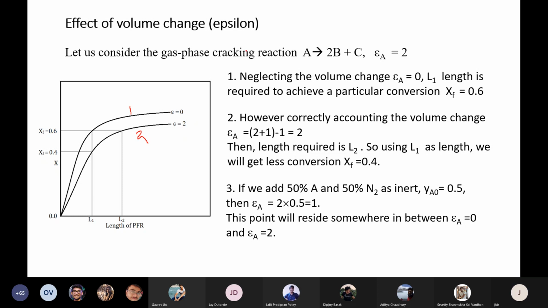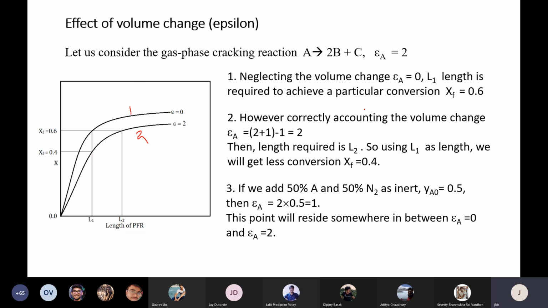Say neglecting volume change, epsilon is 0, L1 is the length, and the conversion is 60% here. But if you correctly account for this with the same length, conversion will be 40%.